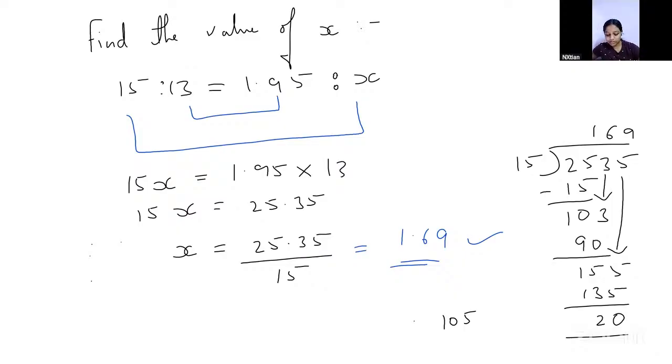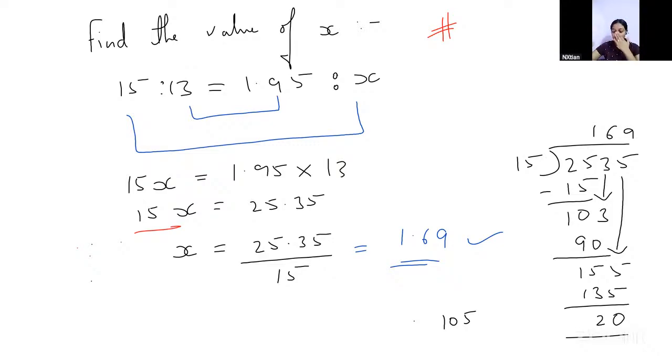See, Joshua, when we are solving for x, finding the value of a variable, and there is a number here, there is a rule that says variable on one side, number on the other side.